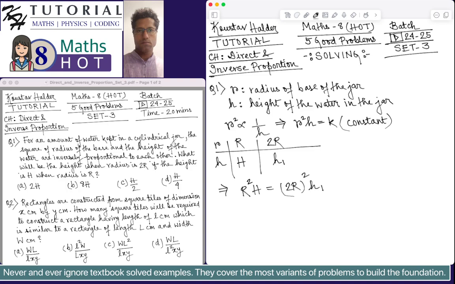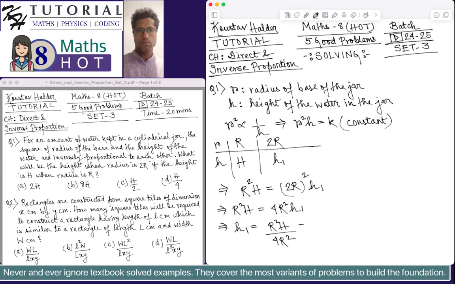So from here we get R square H is equal to the square of twice R, which is 4R square, times H1. So this implies H1 will be equal to R square H by 4R square.